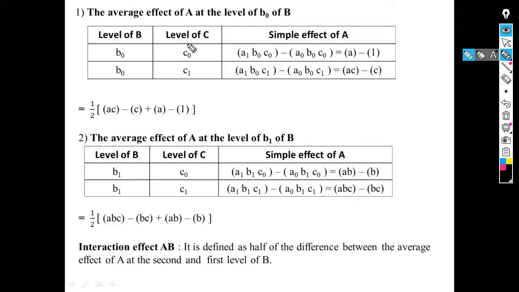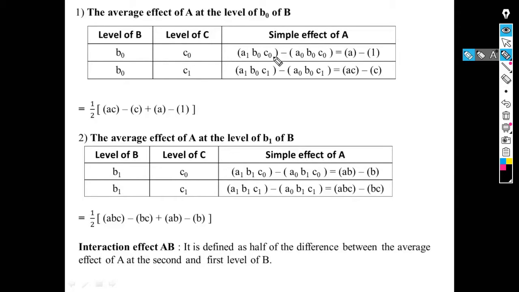When we found the main effect of A, we already found these simple effects. Here we consider factor B at the first level, B naught. We fix the level of factor B at B naught and change the level of factor C, that is C naught and C1. The first combination is B naught and C naught.